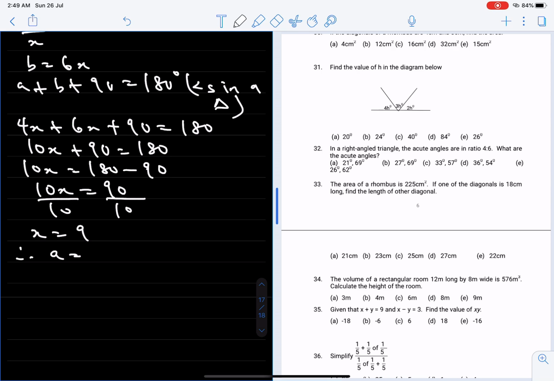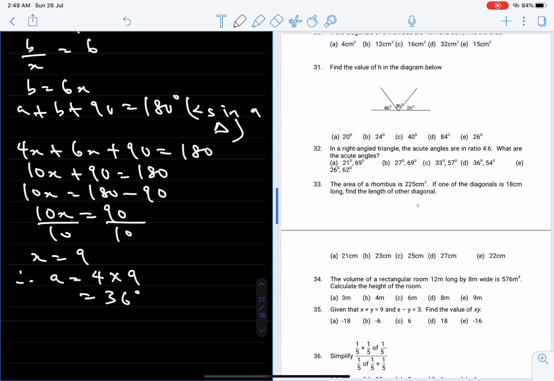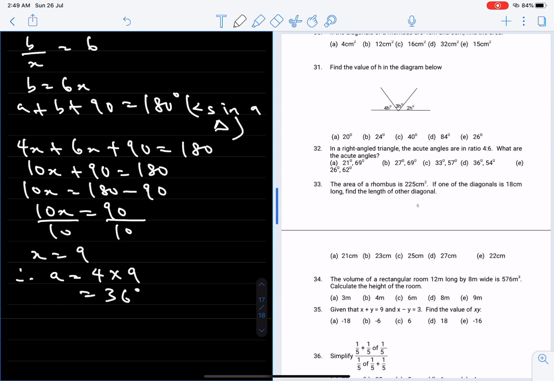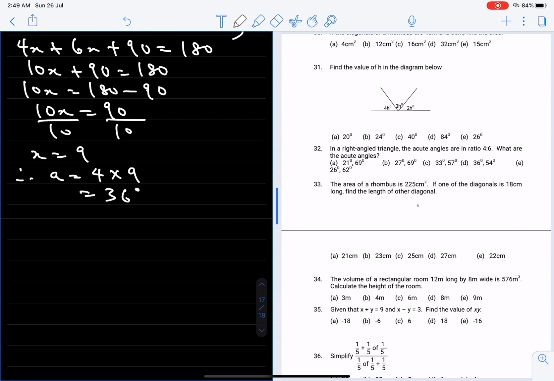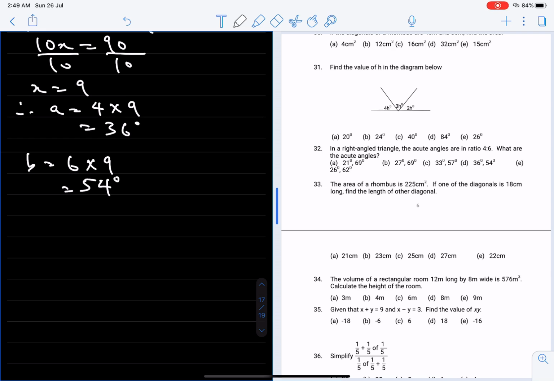Therefore, A equals 4 times 9. This looks slightly long because I try to make it as simple as possible for you to understand. That means A equals 36 degrees and B equals 6 times x, which is 6 times 9, and that's 54 degrees.